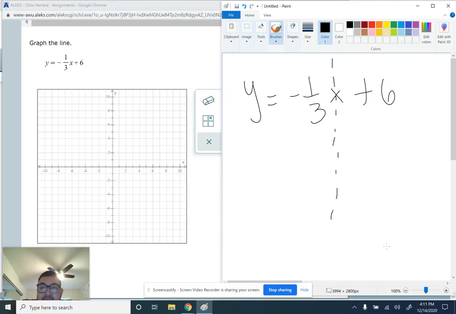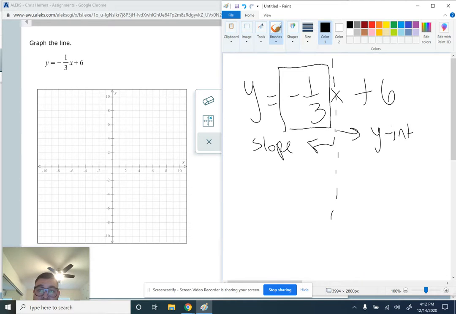On the left side of x, we have our slope, and on the right side of x, we have our y-intercept. So we are taking the number and the sign. In this case, our slope is negative 1/3, and our y-intercept is 6.